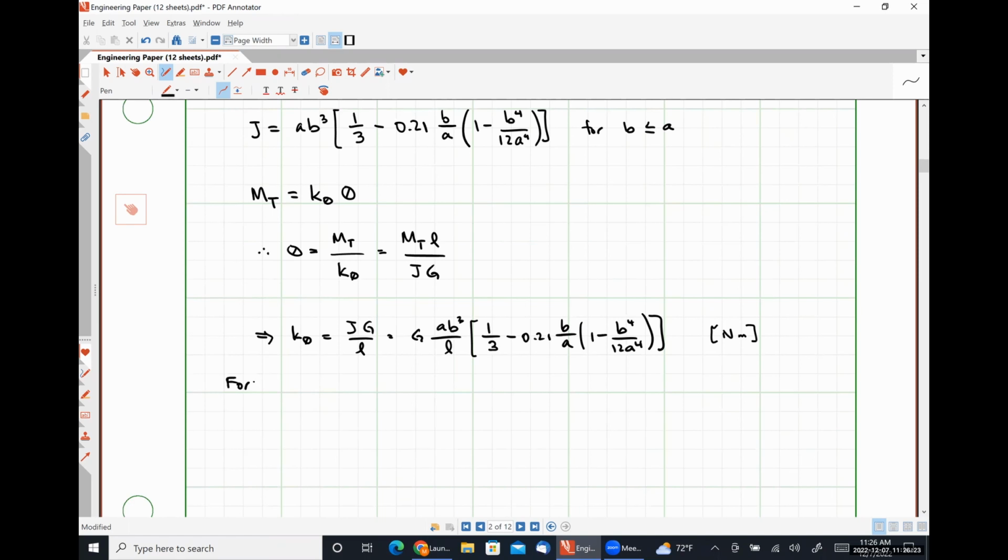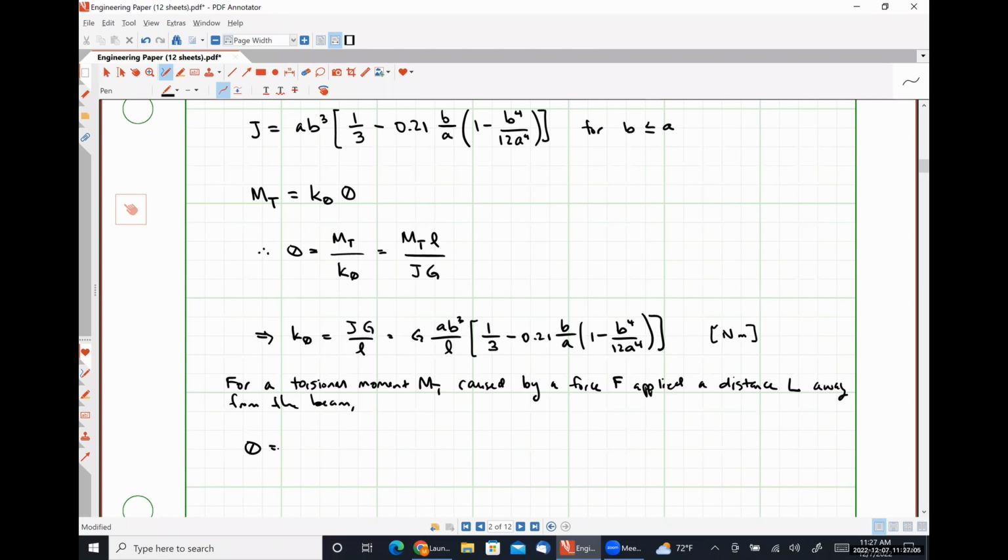So for a torsional moment, M of T, caused by a force F applied a distance capital L away from the beam, our angular displacement theta will be FL divided by our spring constant.